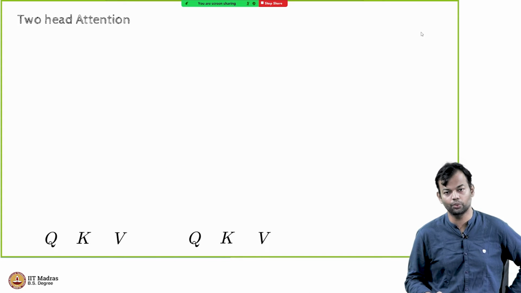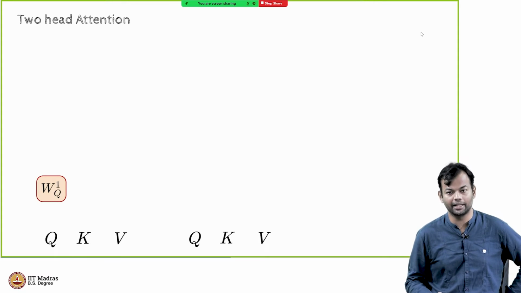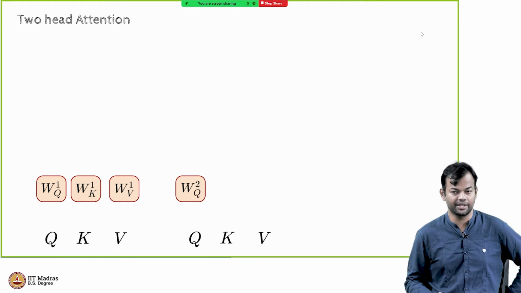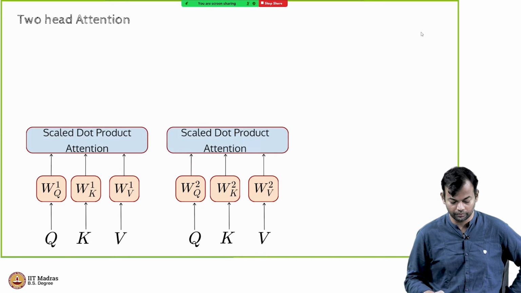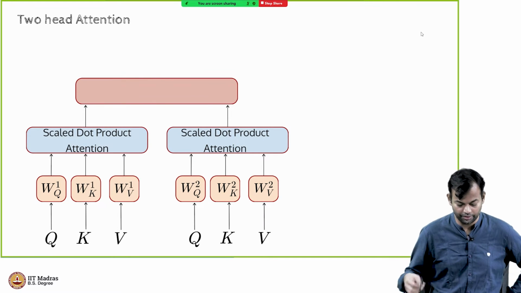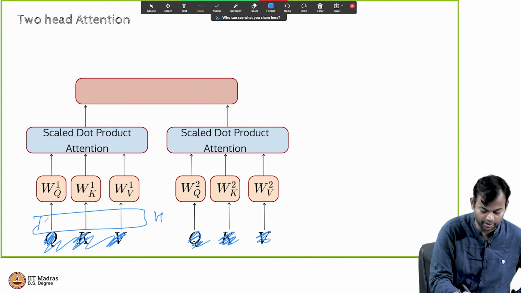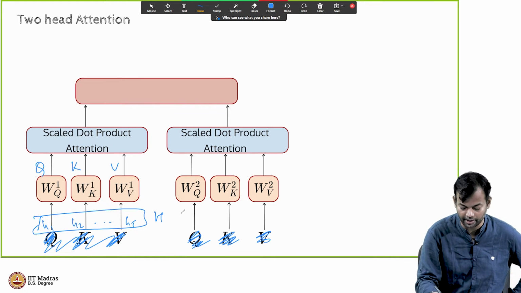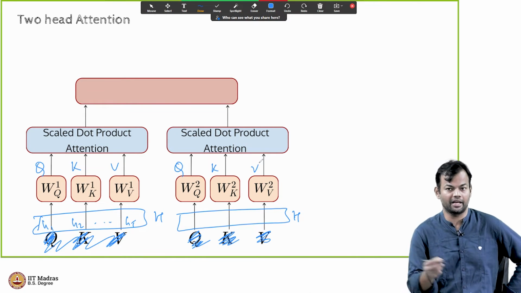You would have the query, key and value vectors, which are coming from your projections. This is the H matrix, which is H1, H2 all the way up to HT, and you get out here Q, K, V. So this is again the H matrix, and what you get out here is Q, K, V. So you just have these two copies.